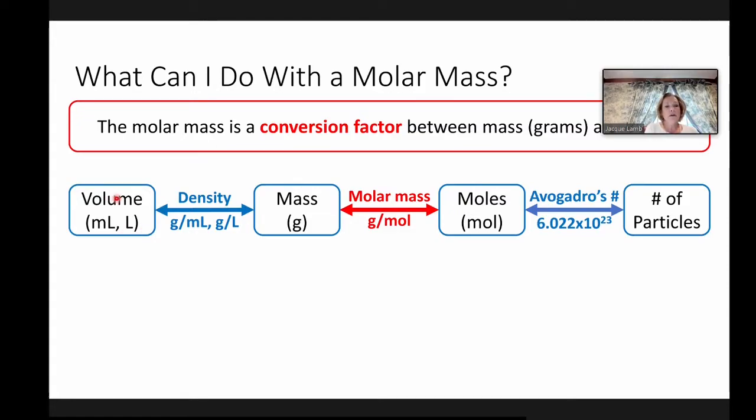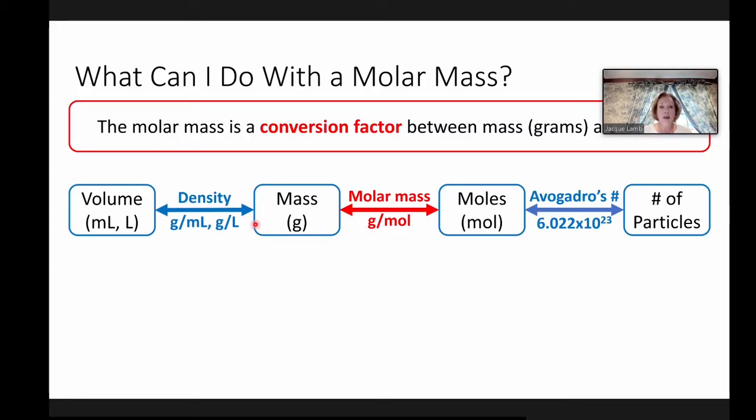And we are going to use density in grams per milliliter, or in the cases of gases, it may be grams per liter, but we'll use the density and the volume that will allow us to calculate the mass. Volume times density will equal mass.